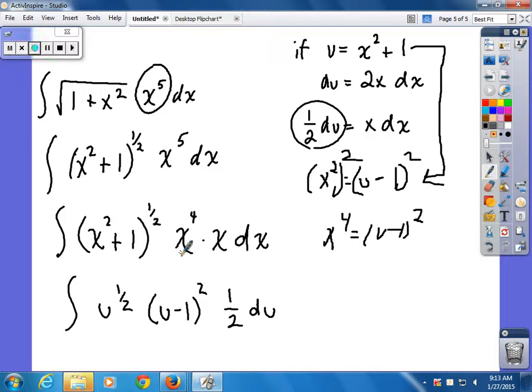In other words, when you have something that looks like it's going to be trouble, you don't just quit, you rewrite it. Now, why didn't I write it as x to the third times x to the second? That wouldn't have helped anything, because you wanted to get some kind of x dx right here. That's why. And then when you do u is equal to x squared plus 1, you get some things over here that can help you with substitution.